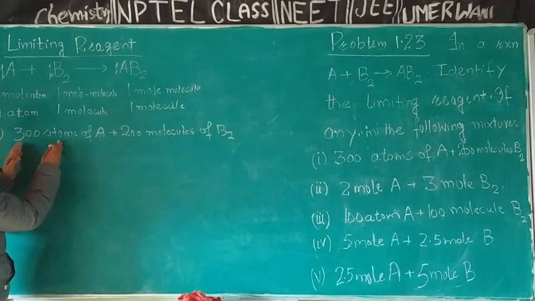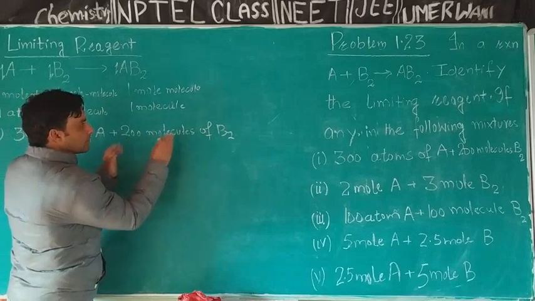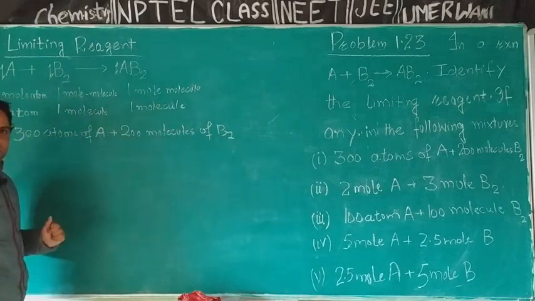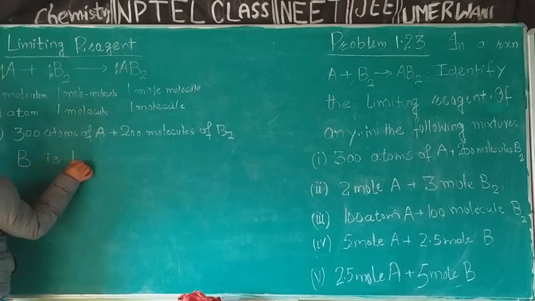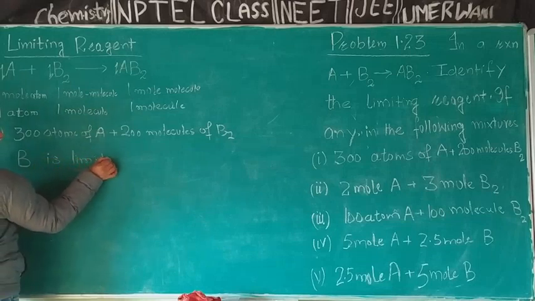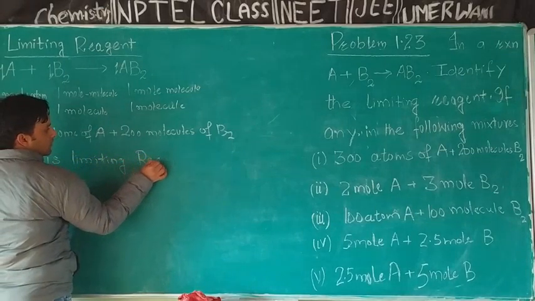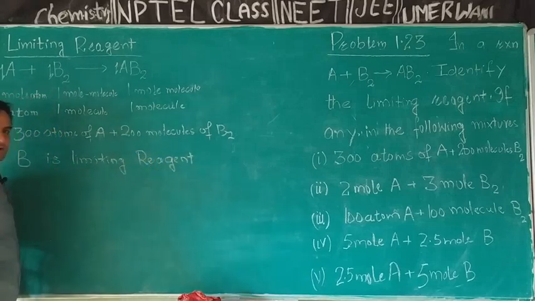For 300 atoms of A, it was required that we should have 300 molecules of B2, but the number of molecules of B2 is only 200. Therefore, in this reaction, B2, or I can write B, is the limiting reagent. I hope you got my point.